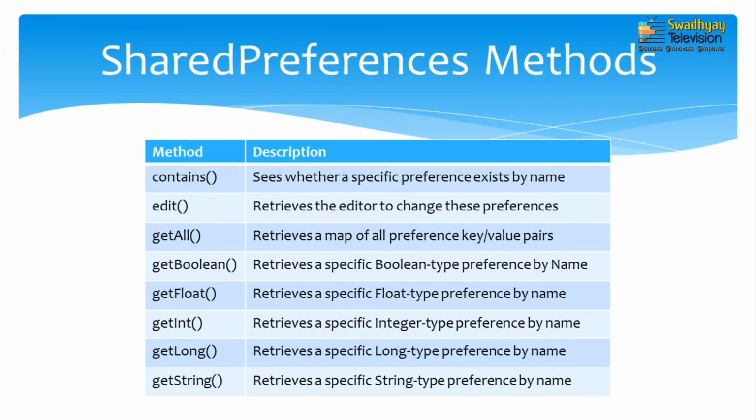Then we have get all method which retrieves map of all preference key value pair, means every preference has a name and value which is already discussed. Get boolean will get boolean type of preference and you have to specify name of preference. Similarly, get float, get integer, get long and get string retrieves preference by name of respective type.